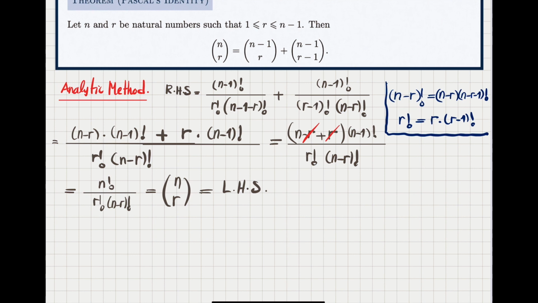Now can you cook up a story so that without doing all this algebraic mess we can be convinced that this should be the case?